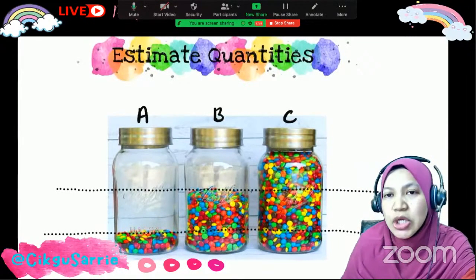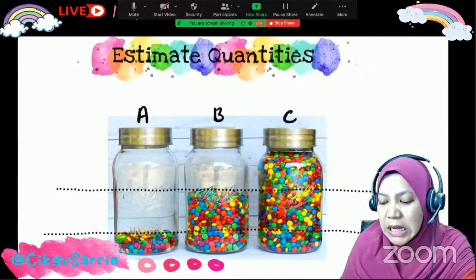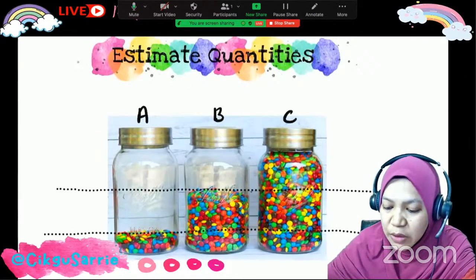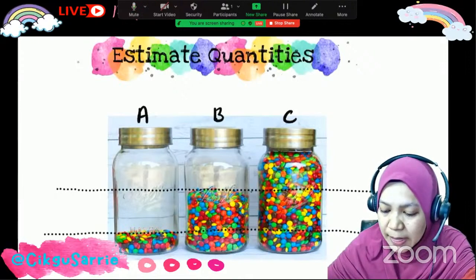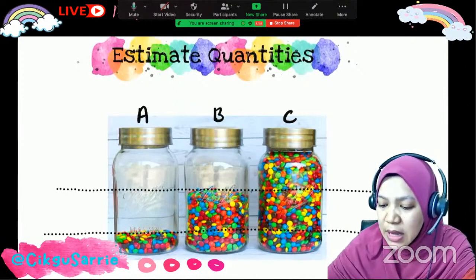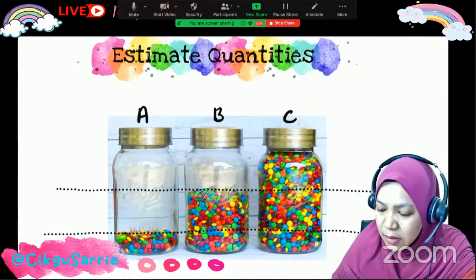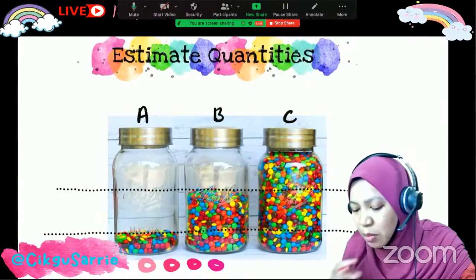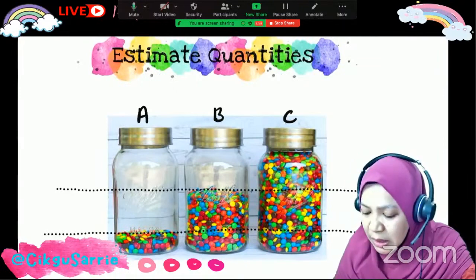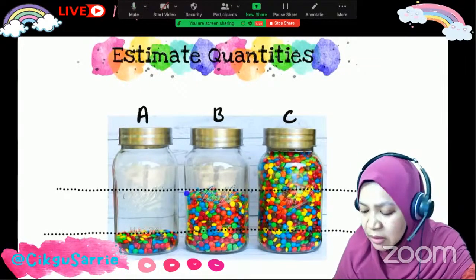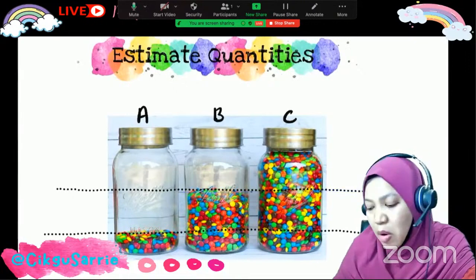Okay, so we can estimate, if we look at bottle C, we can say the estimation of the quantity in bottle B is maybe about half, or maybe more than half.